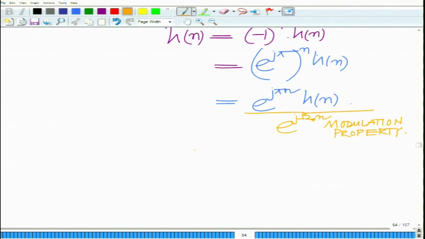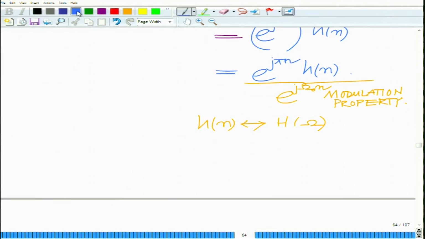Okay, so, the modulation property states that, remember, you can recall, if h[n] has DTFT H of omega, then e raised to j omega naught n times h[n] has DTFT H of omega minus omega naught. This is your modulation property.